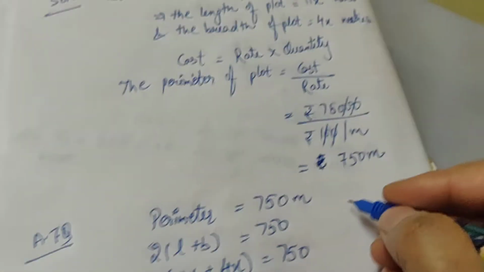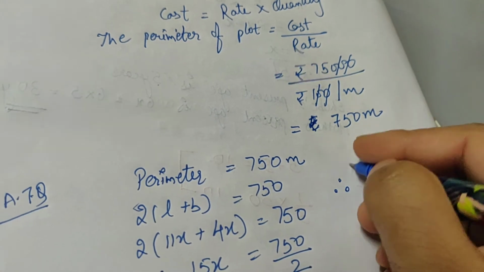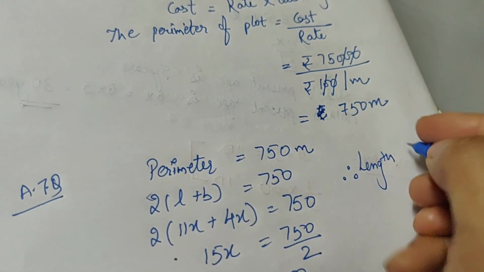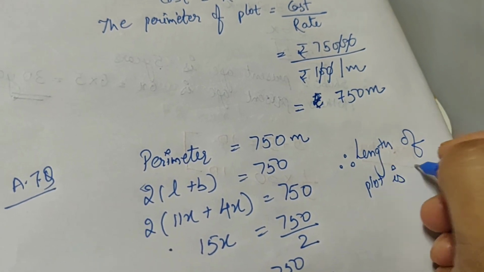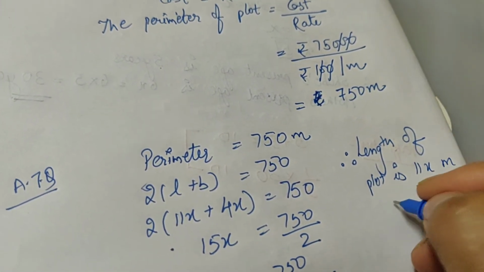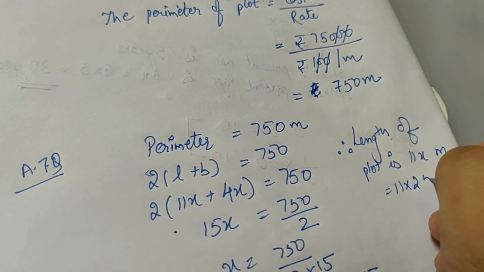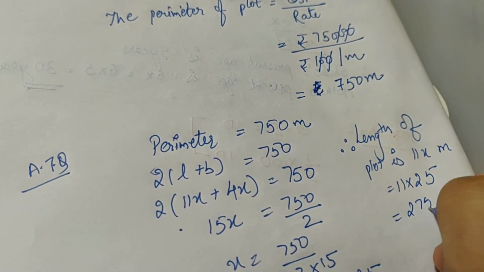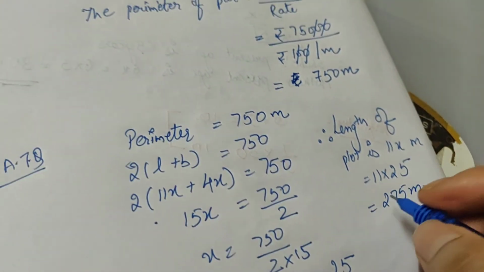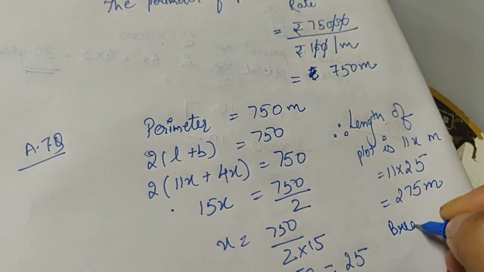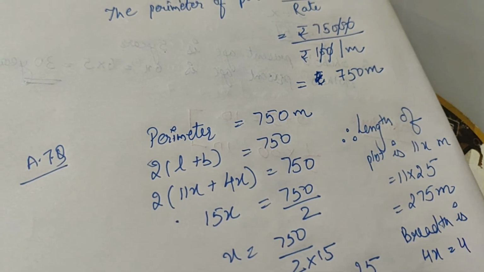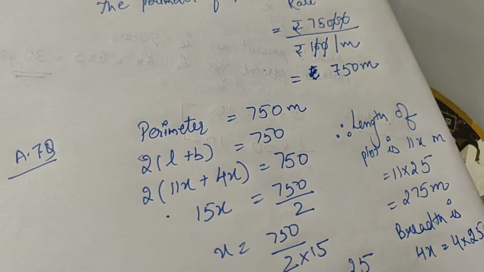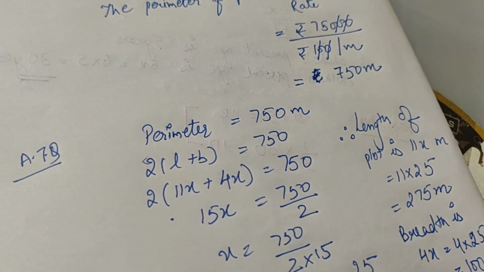So therefore, the length of plot is 11x meters. So it is 11 into 25, which is 275 meters, and the breadth is 4x, which is 4 into 25, which is actually 100 meters.